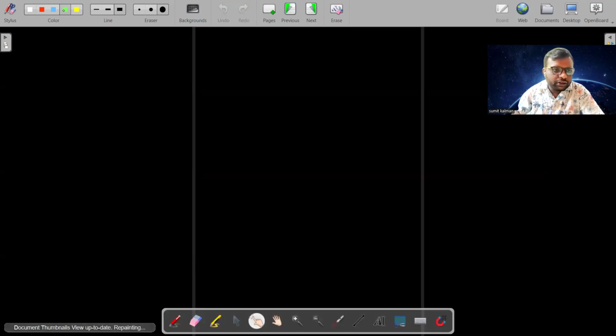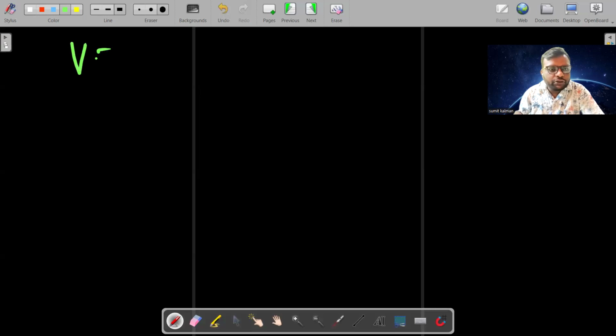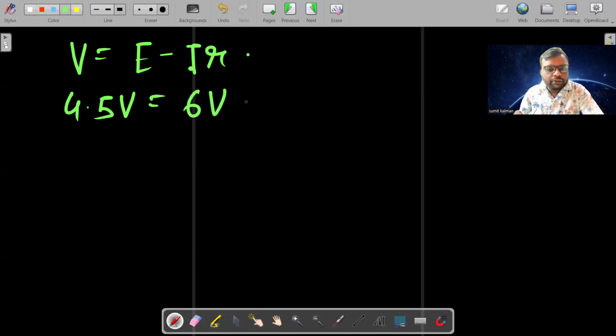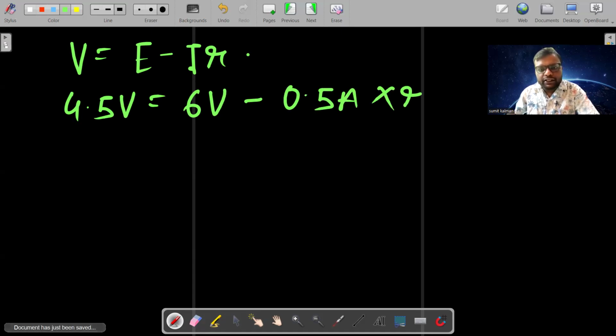So here, as we all know that terminal voltage is given by V is equal to E minus Ir. So here students, terminal voltage is how much? 4.5 volt. EMF voltage is given 6 volt minus current is given 0.5 ampere. You have to calculate internal resistance.